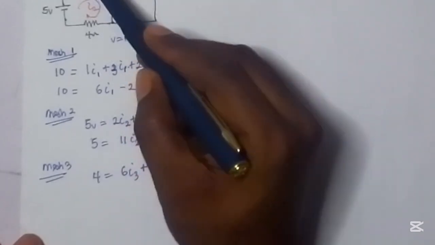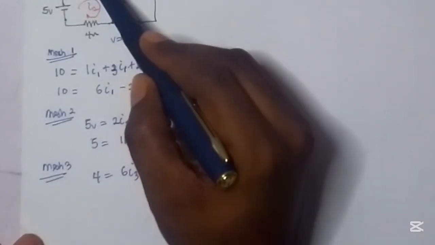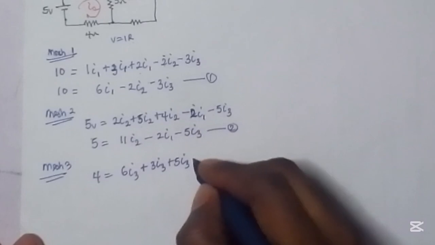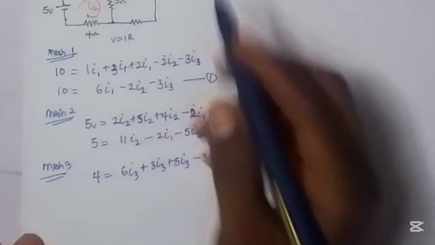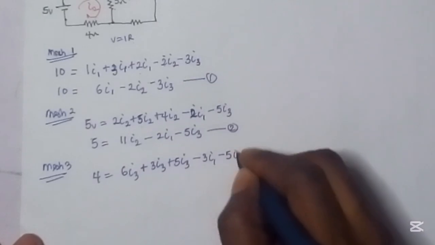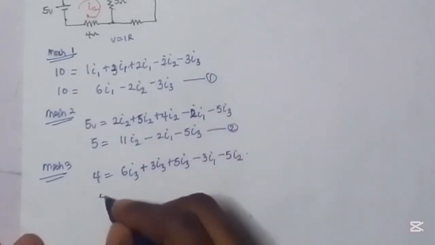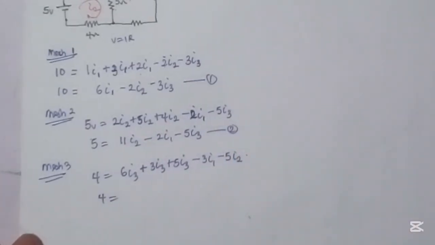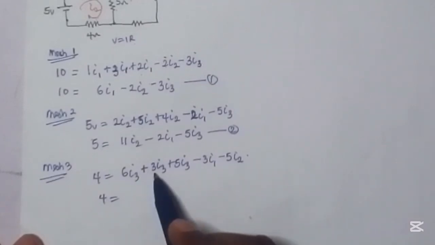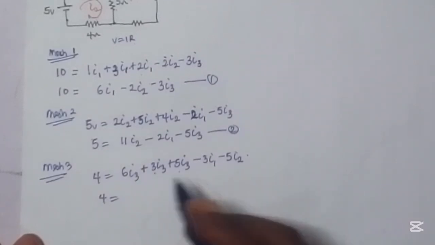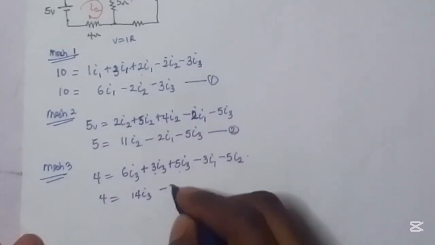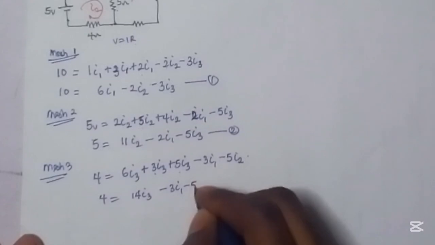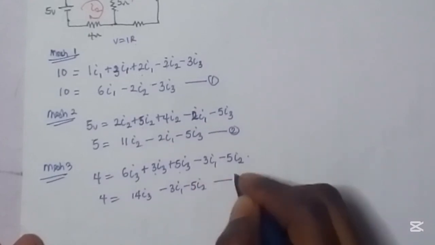Then we also have to consider that this 3 ohm resistor is also sharing current with mesh 1, so it is minus 3 I1. And this 5 ohm resistor is also influenced by I2, so it's minus 5 I2. Taking like terms, 3 plus 6 plus 5 will give us 14 I3 minus 3 I1 minus 5 I2. This gives us equation 3.